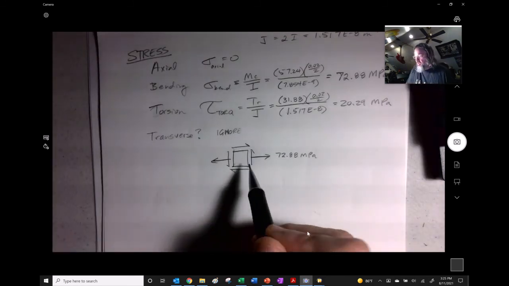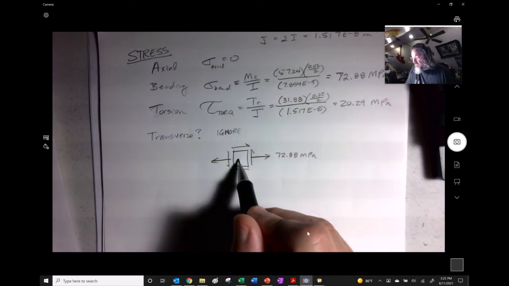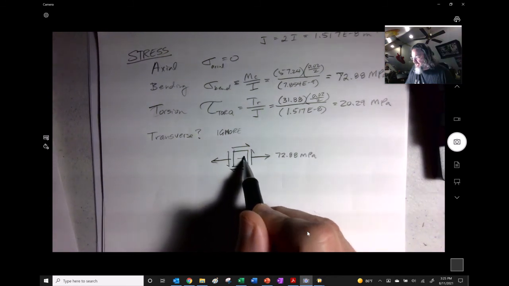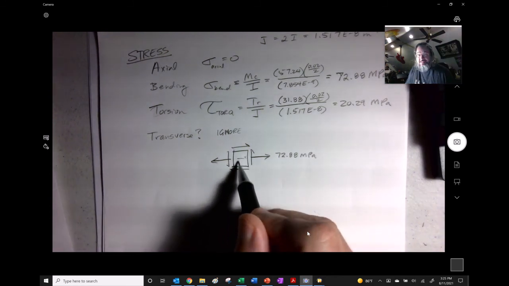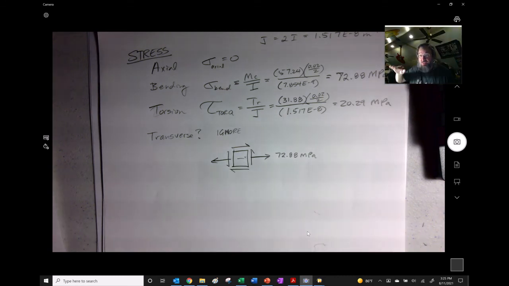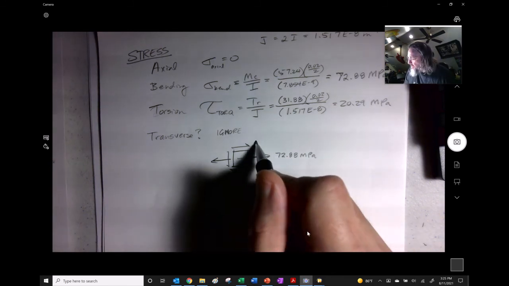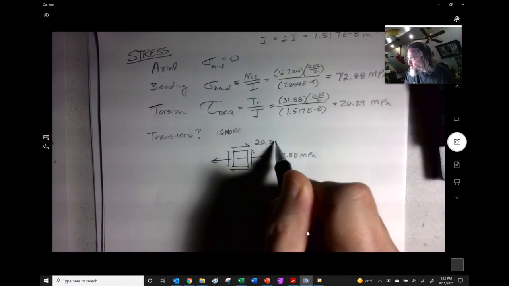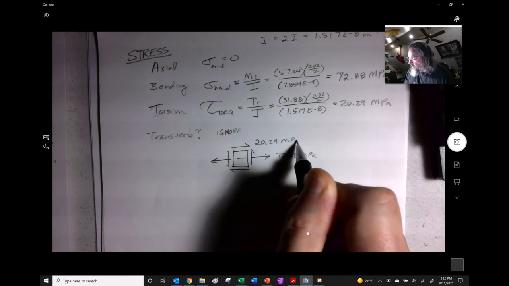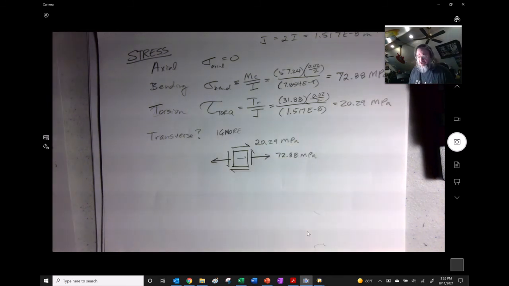So if this is the x-axis, we can't really say what axis that is going to be in, because once again we're not in one of the standard planes. We've created a new plane. But anyway, I need to just wrap this up. Okay. This would be the stress element that we'd be concerned about.